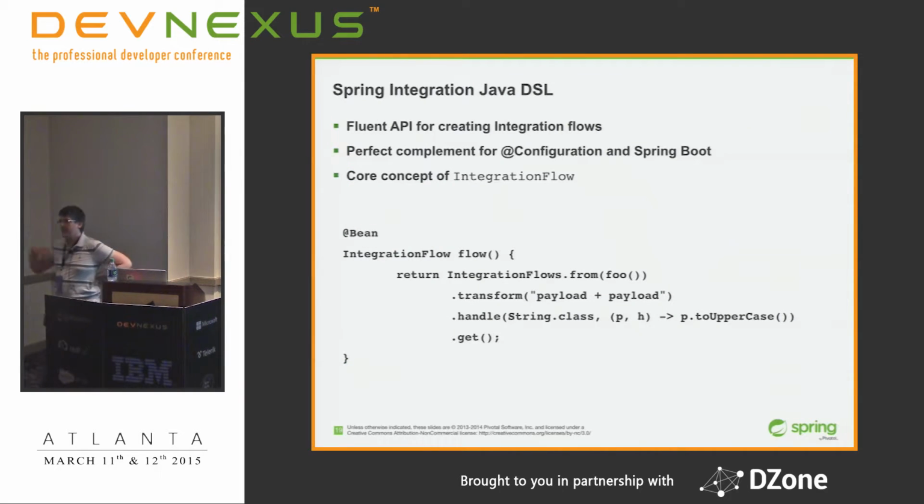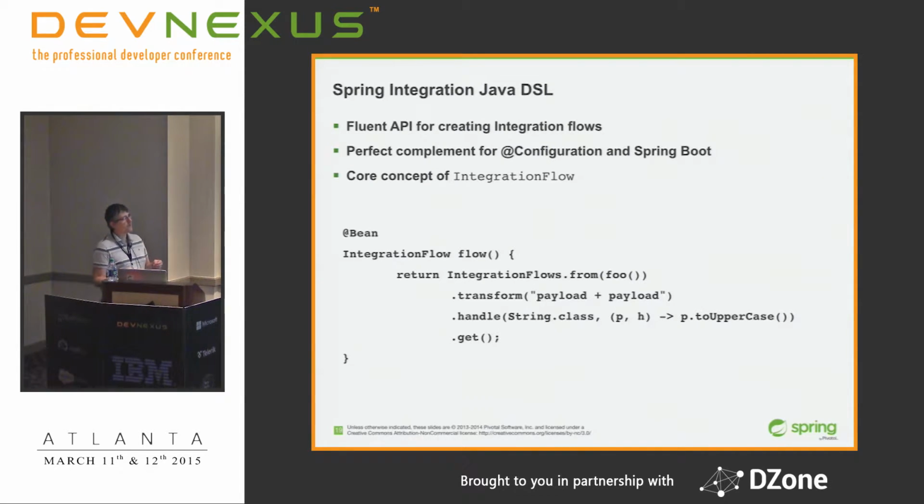Pushing things to another level, it's nice that we can declare all the channels separately, as Java objects, as Java beans. We've done all that. But we may not like the idea that you have to put all those channel definitions in place and change them manually. This is why we created the Spring Integration Java DSL.